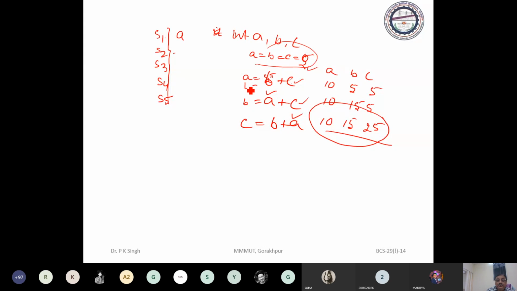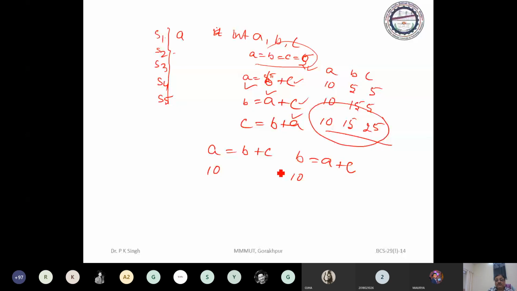Now, if you do the execution in parallel, first A is B plus C and B is A plus C. Here the value of A is 10, and the value of B is also 10, because it will use the initial value, not the modified value.